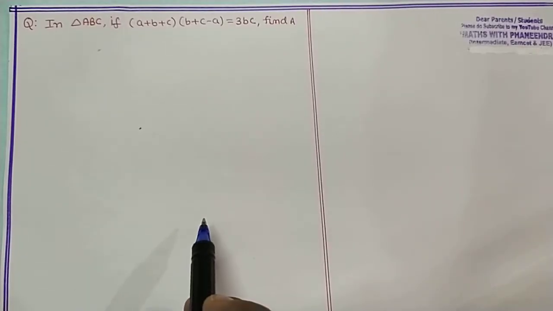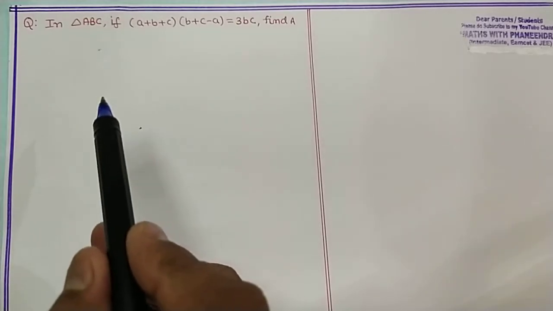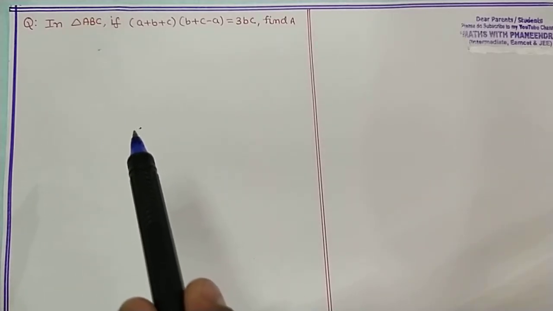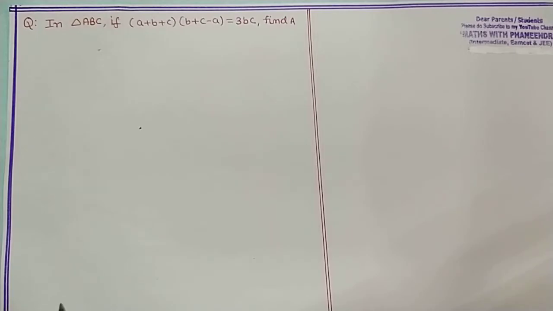The next question. In triangle ABC, if (A plus B plus C) into (B plus C minus A) is equal to 3BC, then find A. We know the relation between A plus B plus C, no? We have A plus B plus C is equal to 2S.